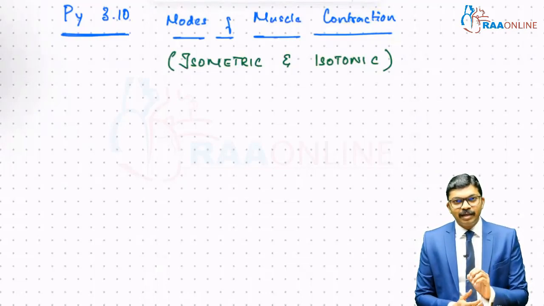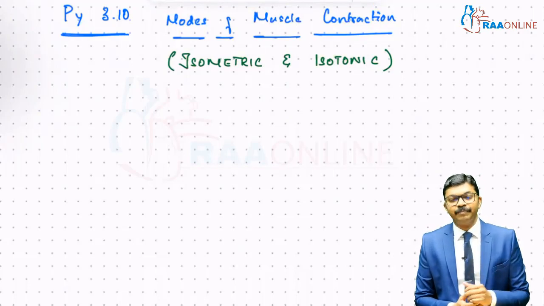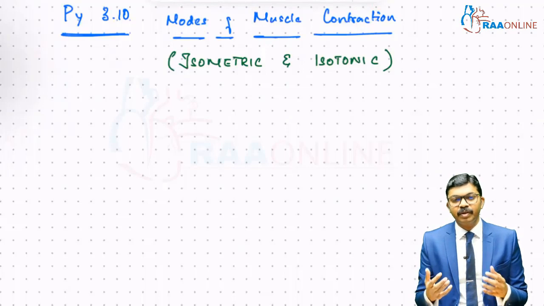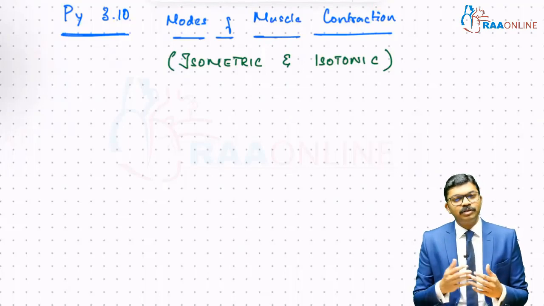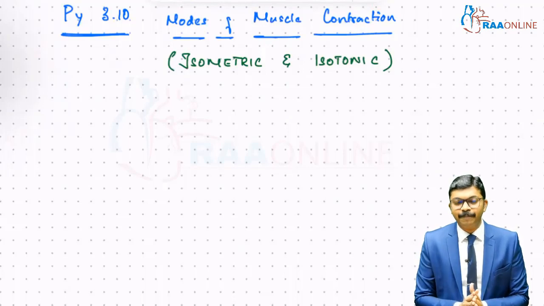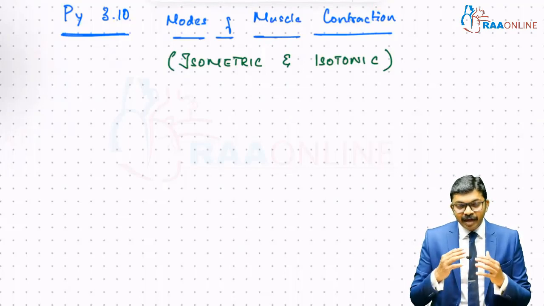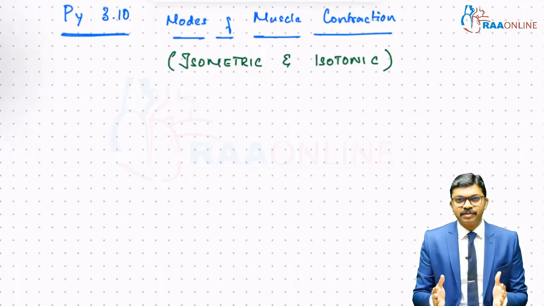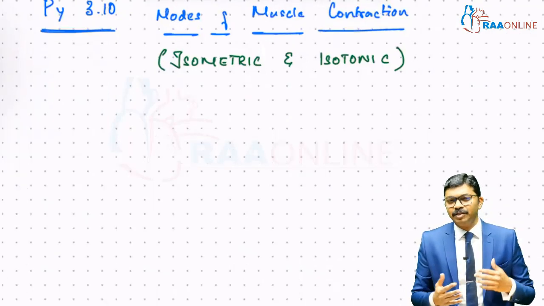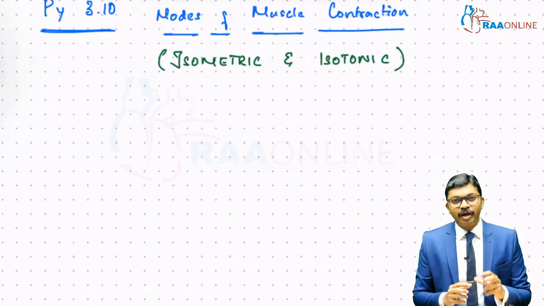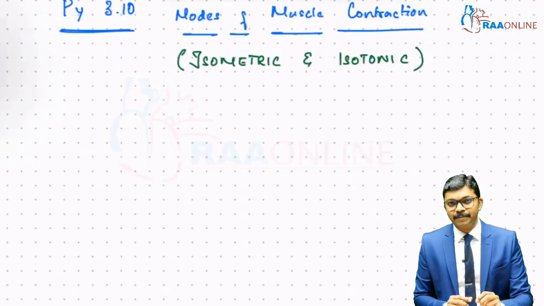So what exactly is a muscle contraction and how does this contraction pattern differ? What is isotonic? What is isometric? These are all the discussions that we are going to take up in this topic. So guys, before we get into the actual dynamics of muscle contraction and the variations, isotonic, isometric, I want you to be familiar and aware of certain key terminologies.